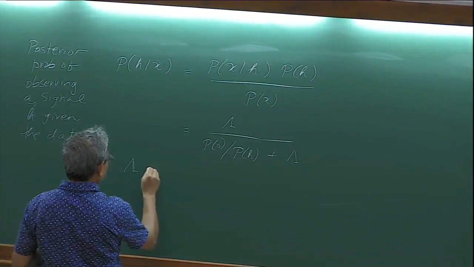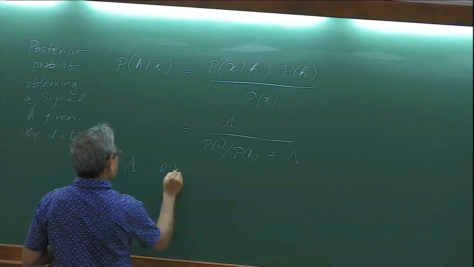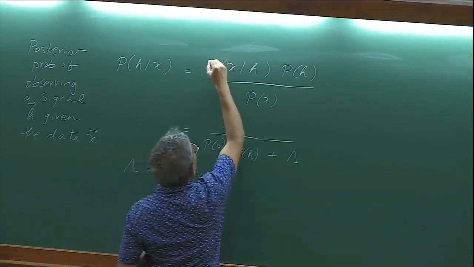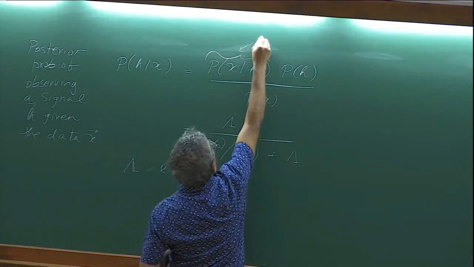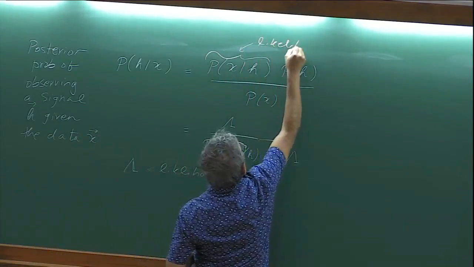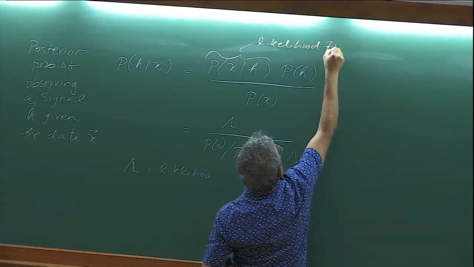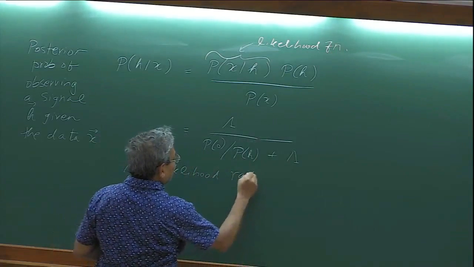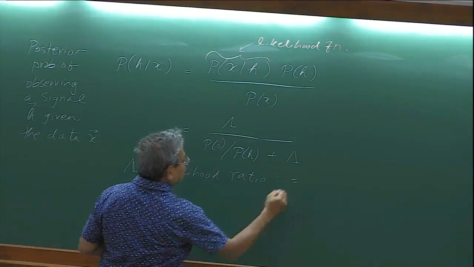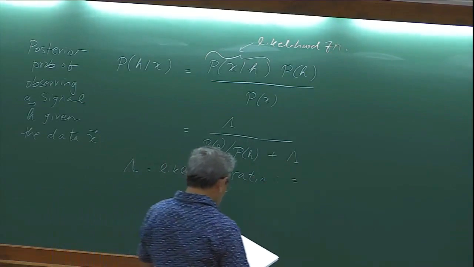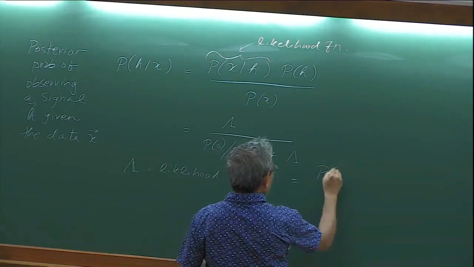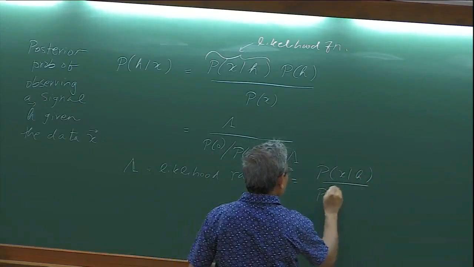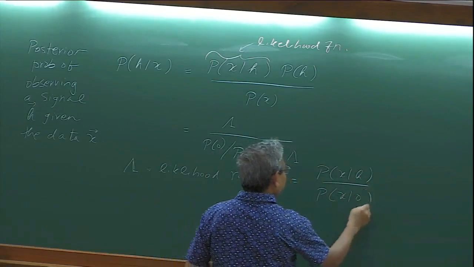This is the likelihood ratio, as opposed to this, which is called the likelihood function. This is called likelihood ratio, and it was equal to the probability of obtaining the data given the signal divided by the probability of obtaining the same data given the noise.